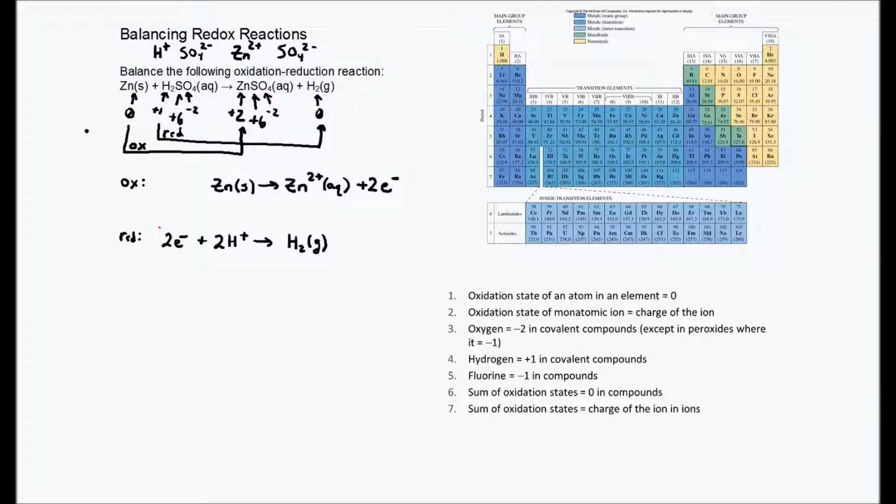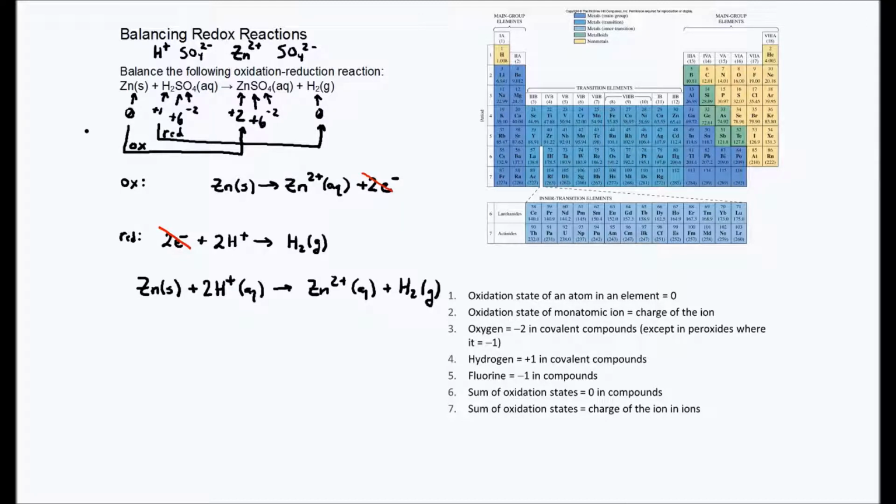So now I cancel out what appears on both sides: 2 electrons, 2 electrons. What do I have left? I have left Zn solid plus 2H+ aqueous, Zn2+ aqueous, H2 gas.